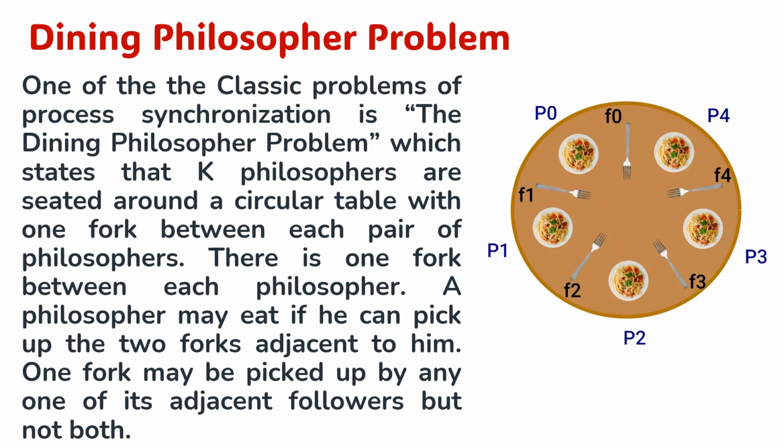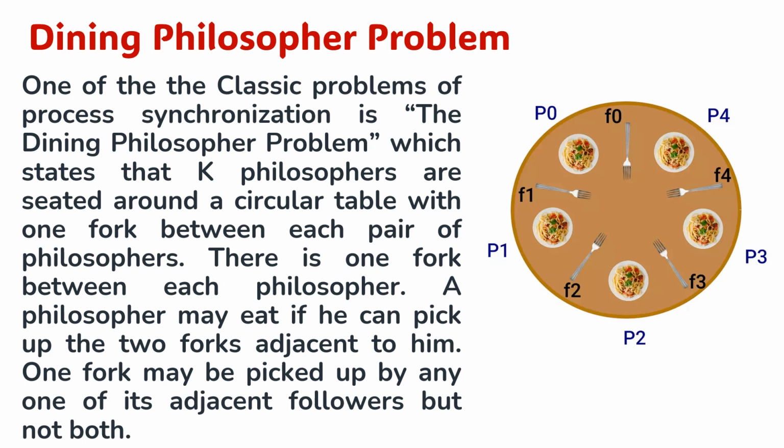So here you can see that, suppose over a round table, five philosophers are sitting at a time and they want to eat a rice bowl which is kept inside. Okay, so there are five forks kept. There are some conditions: one philosopher either can think or can eat.